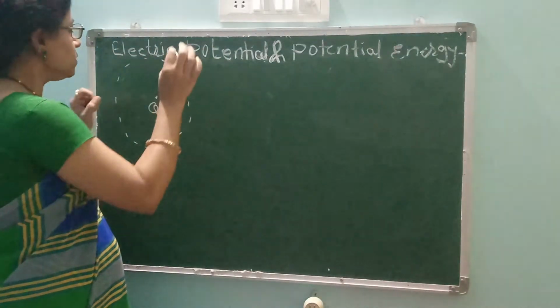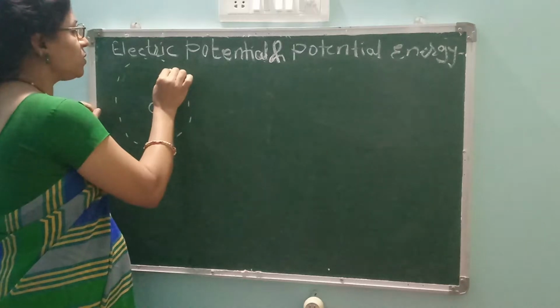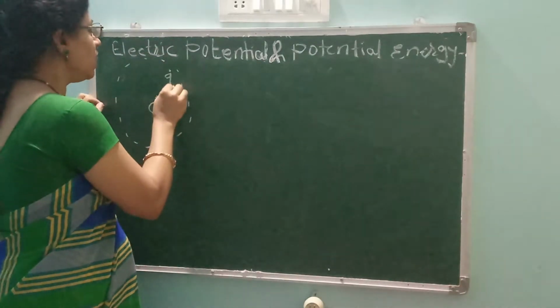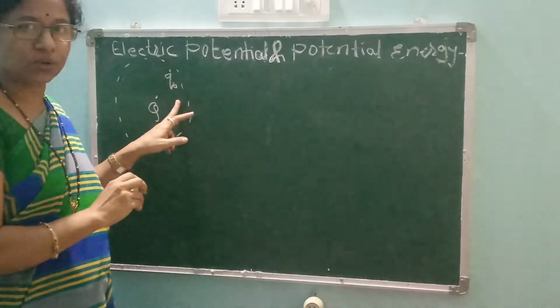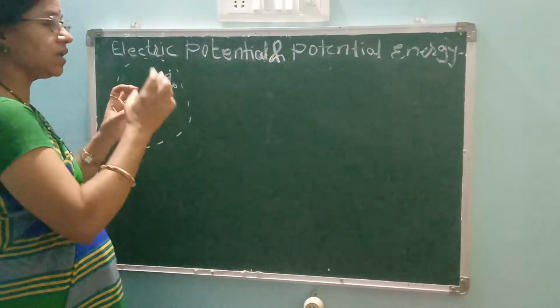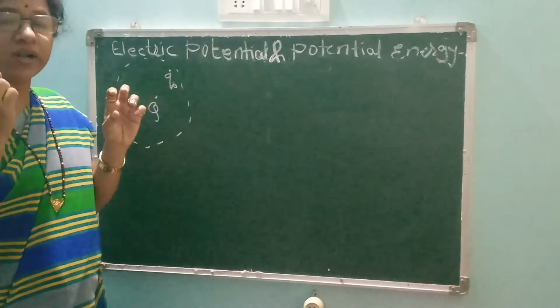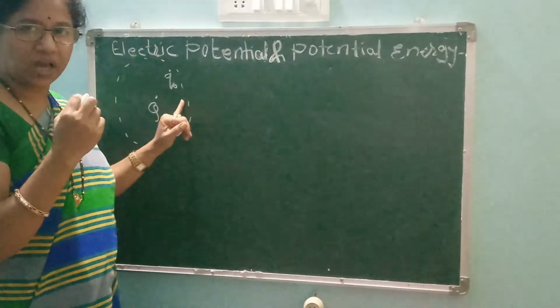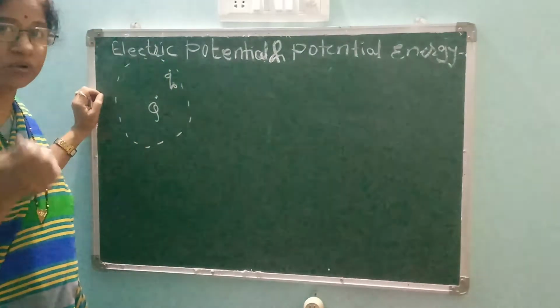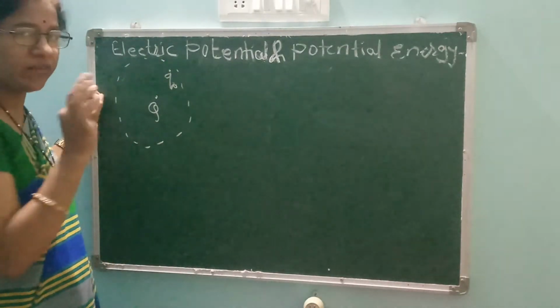Now suppose at this particular point a small charge, that is the small test charge q0, has been taken in an electric field. On that electric field we have taken a small test charge q0. That means at this particular point we have to find out the strength. Now what will happen?